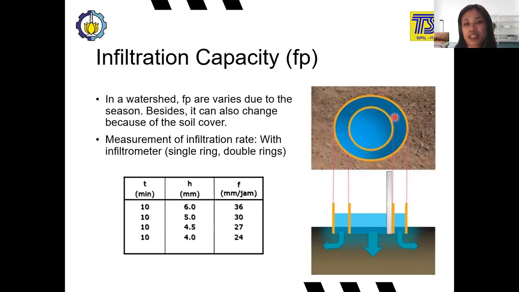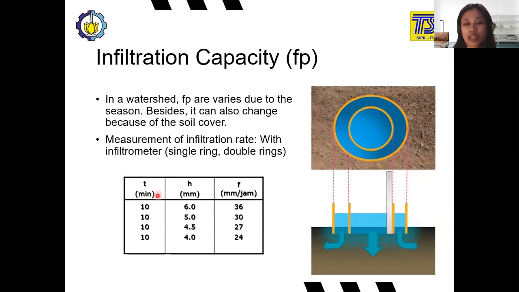If you look at the soil, you can see that part of the rings is planted into the soil. And then here we have the measuring device, so that we can measure the infiltration capacity of this particular soil.